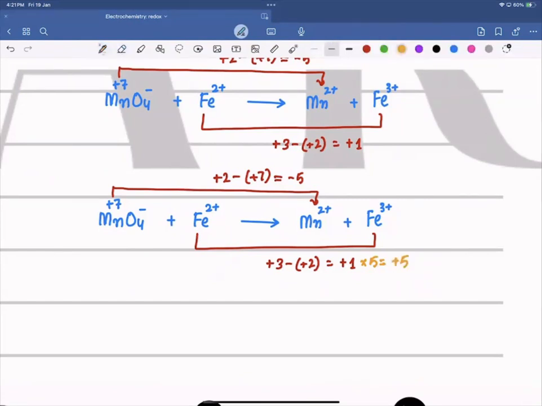If I multiply this by 5, it means those species due to which this change is occurring, I have to multiply those species with 5 as well. So it will be like this, on both sides, because there are two species due to which this change occurs.